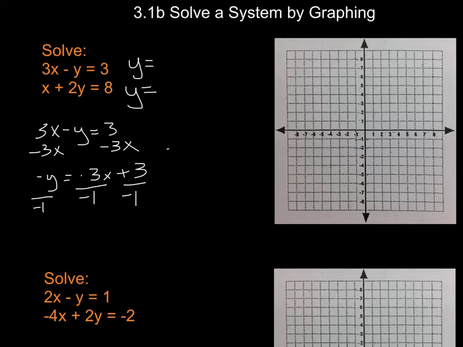And so I'll end up with y equals 3x minus 3. Now I can go ahead and graph that line. The y-intercept's negative 3, so I'll put a dot there at negative 3. And the slope is 3, also known as 3 over 1, so I'll go up 1, 2, 3 over 1.